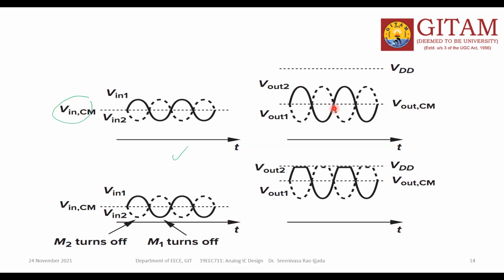The same thing holds for the CMOS inverter, but here the input is sinusoidal. So each and every input signal is shifted by 180 degrees at the output.